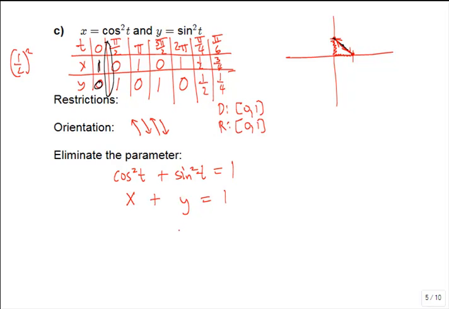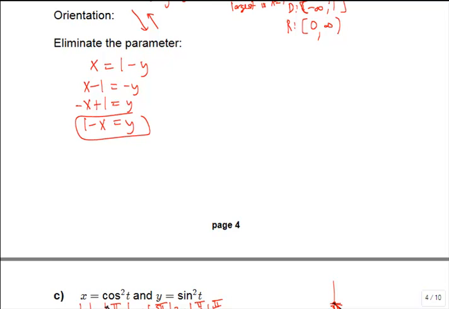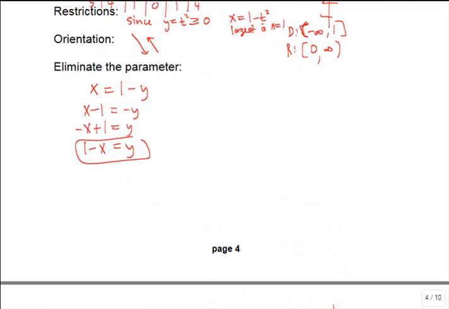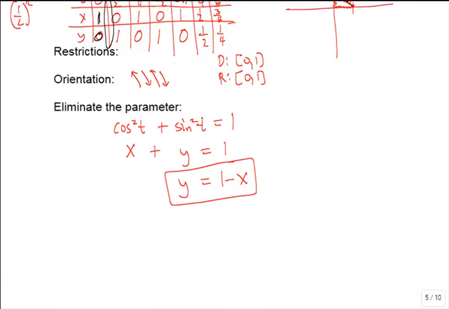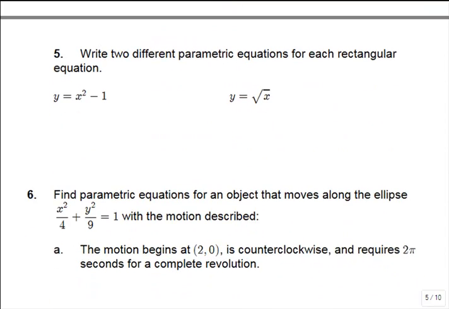So this just becomes y equals 1 minus x. So the same rectangular or Cartesian equation for all three of these examples, but very different looking graphs because of the way that we have parameterized them. So how you choose your parameterization determines what your graph is going to look like.